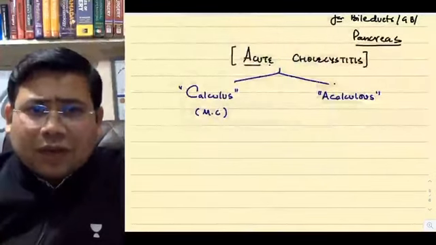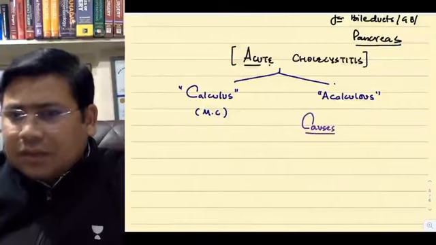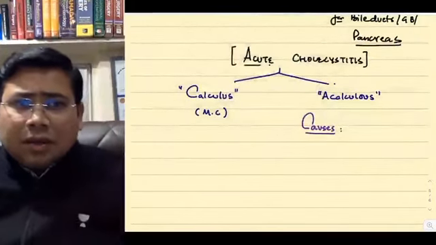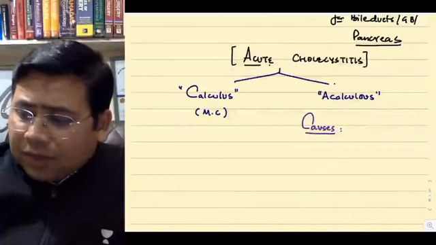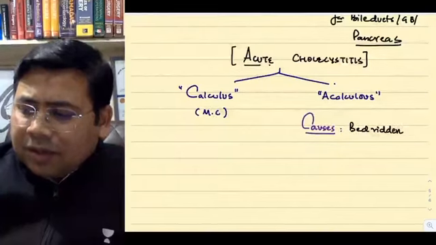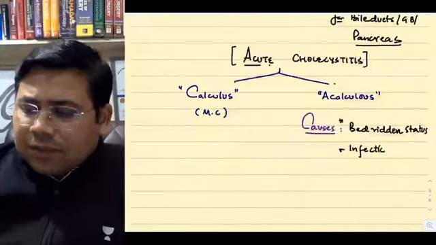What are the causes of acalculous cholecystitis? Can you tell me? Anyone? Come on, tell me. Very common is bedridden patients, bedridden status. Apart from that, what else? Infection or sepsis.